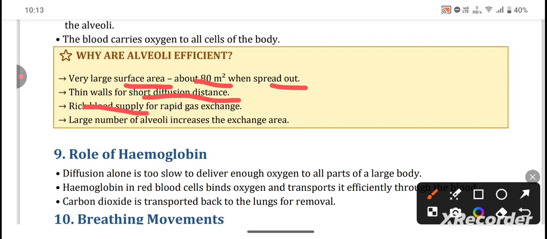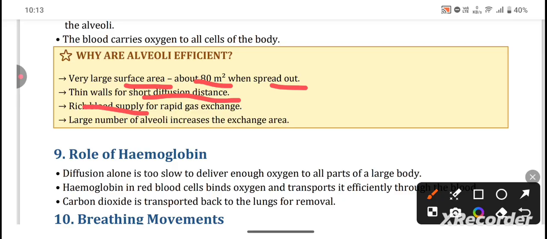So the alveoli are the site of gaseous exchange, and they have a rich blood vessel network where the blood flows, and the oxygen from the atmospheric air diffuses into the blood.